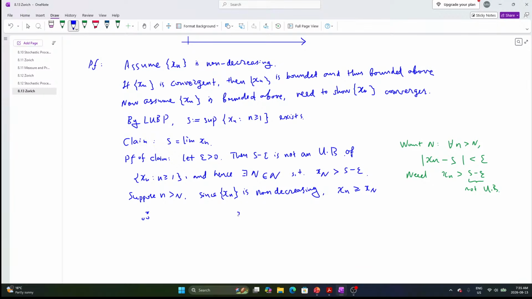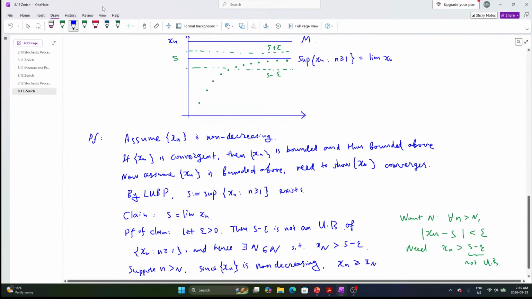That is, xn is greater or equal to x big N, but x big N is greater than s minus epsilon. As the picture shows, here you see this is a big N.